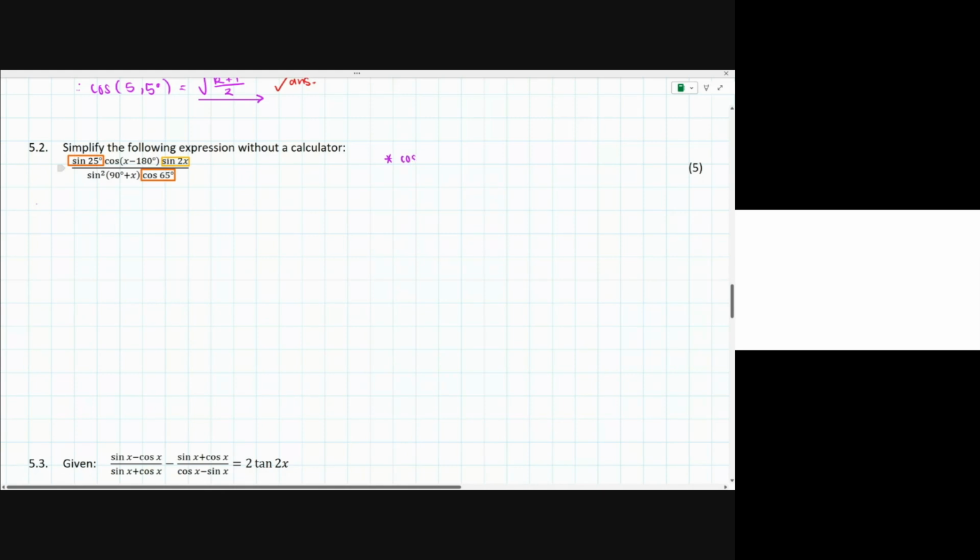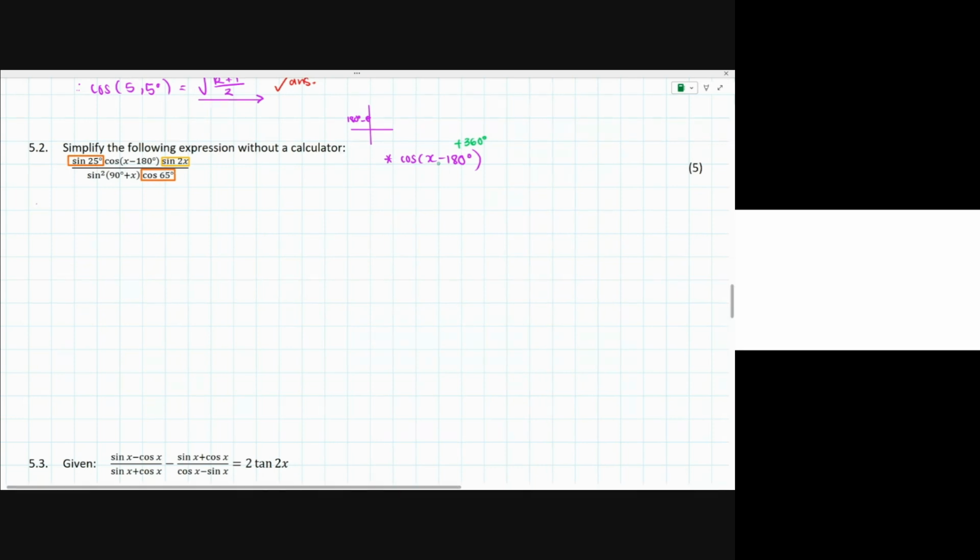Now, a couple things. What is this? Cos of x minus 180 degrees. I know, according to my Cartesian plane, that my reduction formula is 180 minus theta, not theta minus 180. So that's a bit of a problem for me. The way we fix that problem is, remember, you can add or subtract 360 degrees as many times as you want to an angle and you will still end up in the same place.